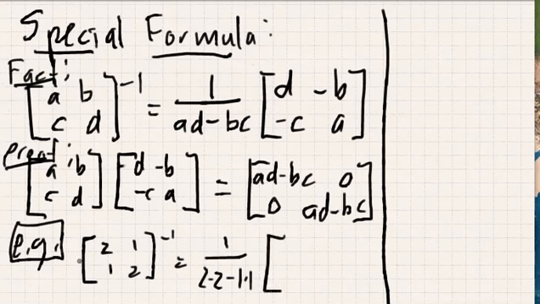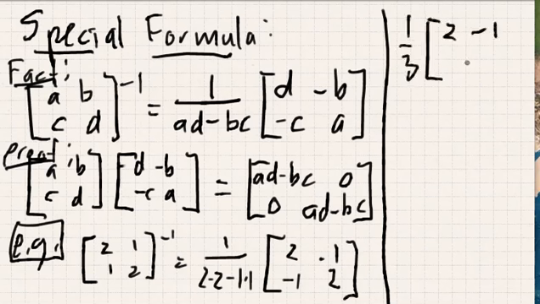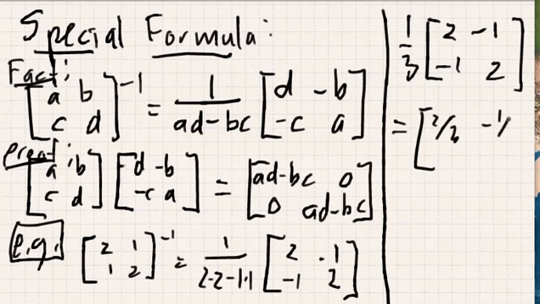I swap A and D, but A and D are 2 and 2, so I just get 2 and 2. I make B and C negative, so I get negative 1 and negative 1. And so this is 1/3 times 2, negative 1, negative 1, 2, or 2/3, negative 1/3, negative 1/3 and 2/3. I encourage you to check that this is correct.